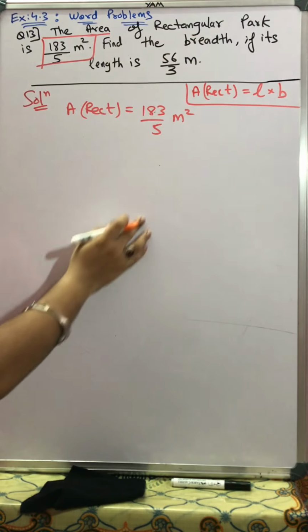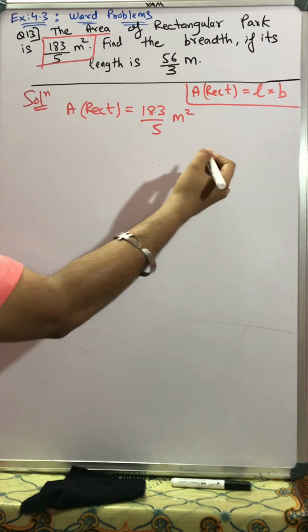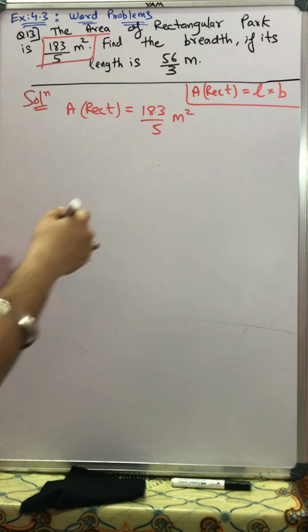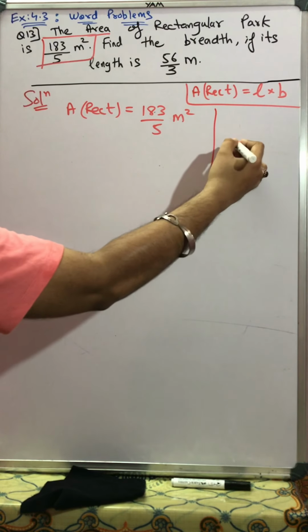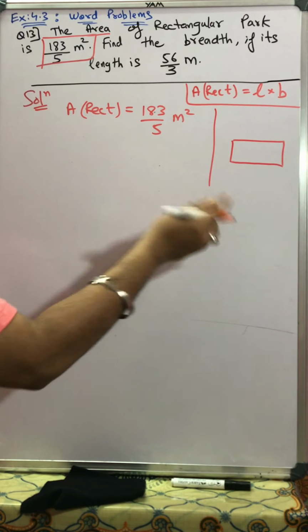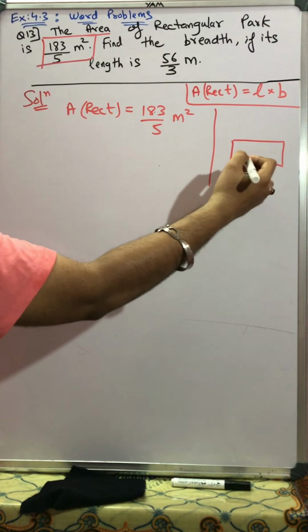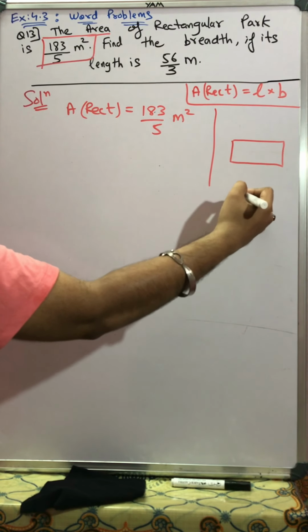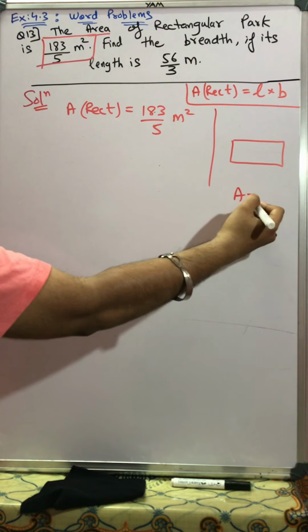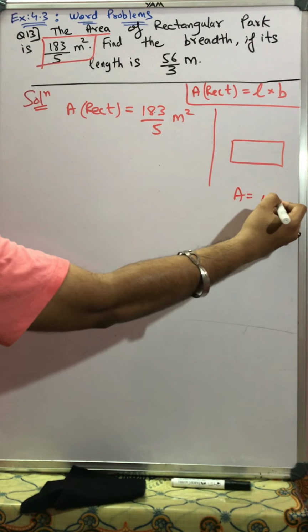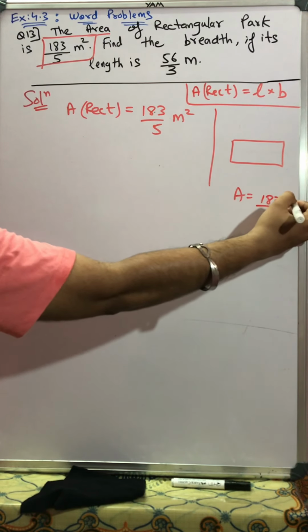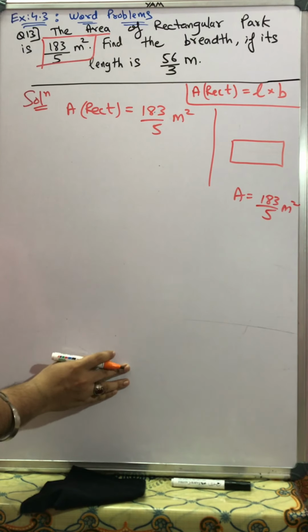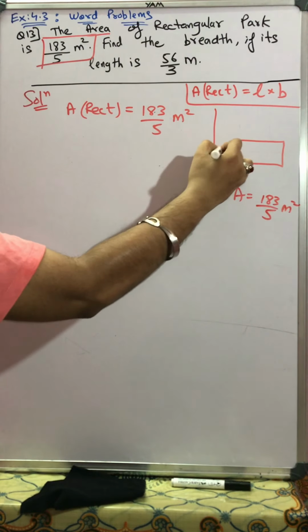Find the breadth. For the ease of solution, you can always draw a small rectangle. It's not compulsory. Area is 183 upon 5 meters square. Find the breadth.